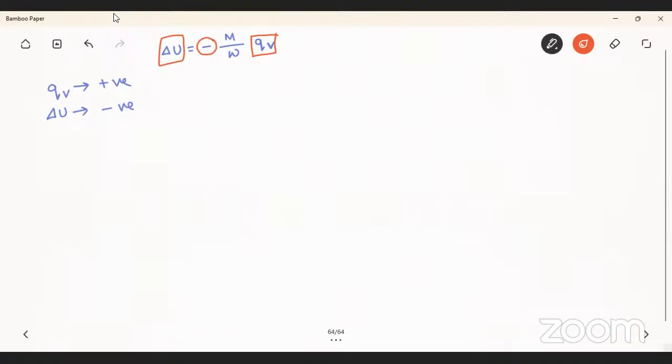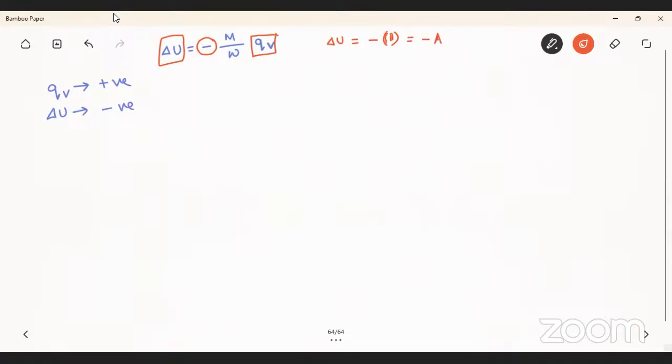If QV is increasing, just imagine, delta U is equal to, suppose QV is 1, this is some constant, and the value of the constant I have taken as A. So are you getting the value of delta U negative?